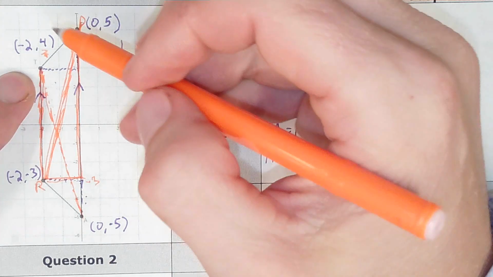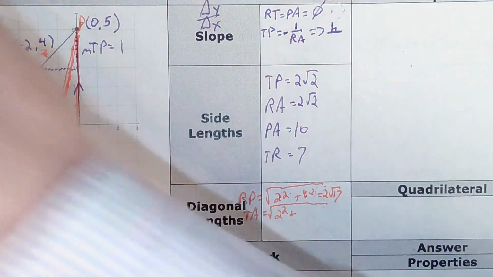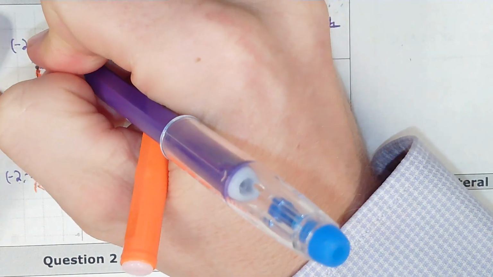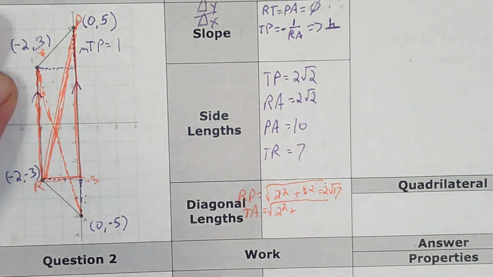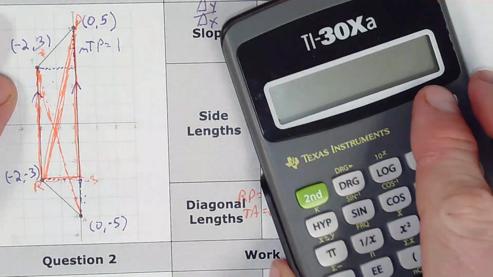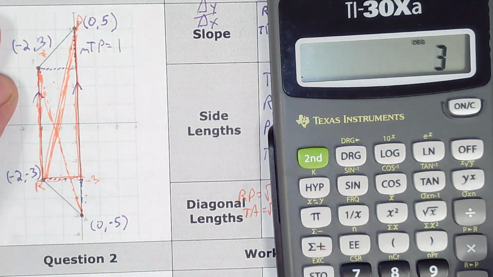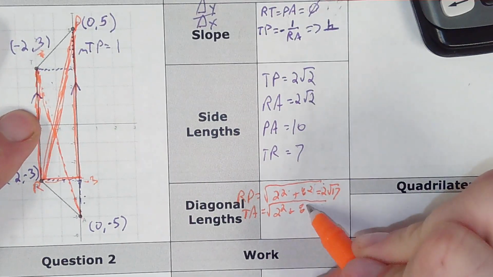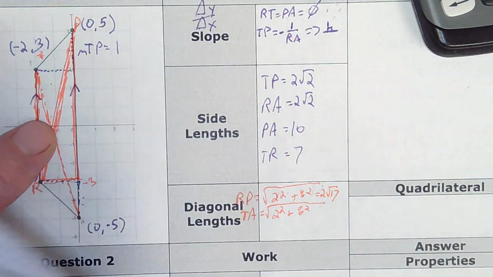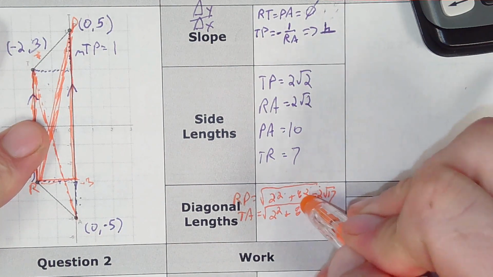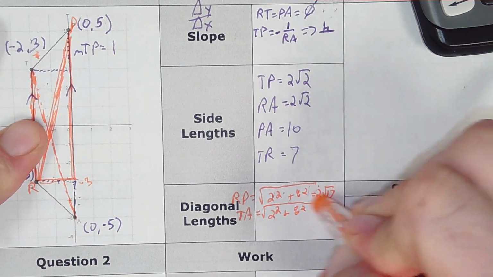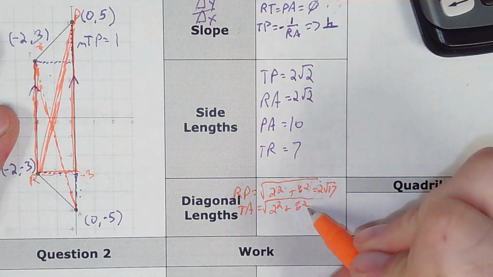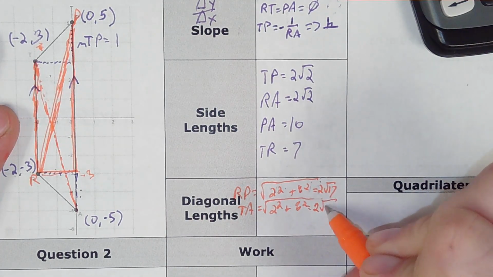Hold on a second. Let's see. Oh, I mislabeled that. That's 3. There we go. That's 3 to negative 5, which is 8, plus 8 squared. The only reason I noticed I mislabeled that is because the math wasn't making sense. Equals 2 square root of 17.